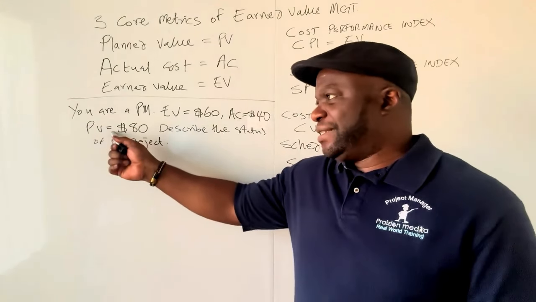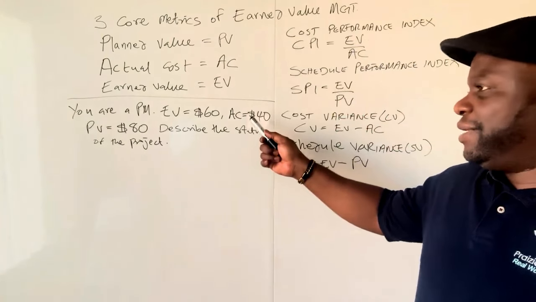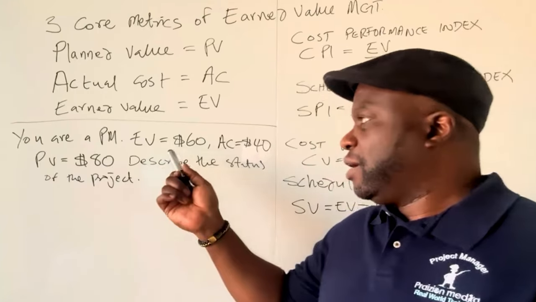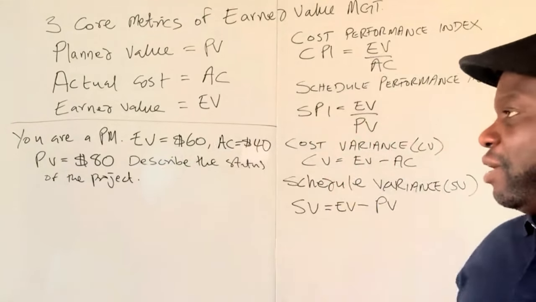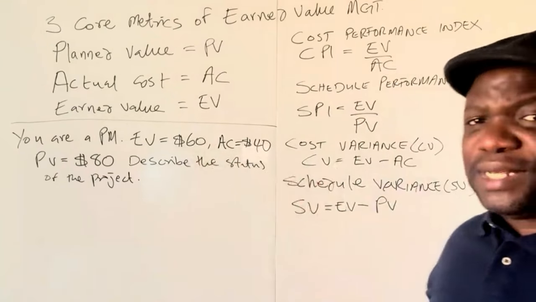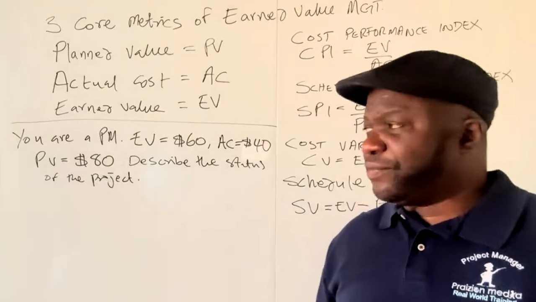That means you are late. That is unfavorable. Okay? In this case, you got $60 of work done, but you only spent $40. That's not bad. That actually means that your cost efficiency is quite high. In fact, it's higher than your schedule efficiency.